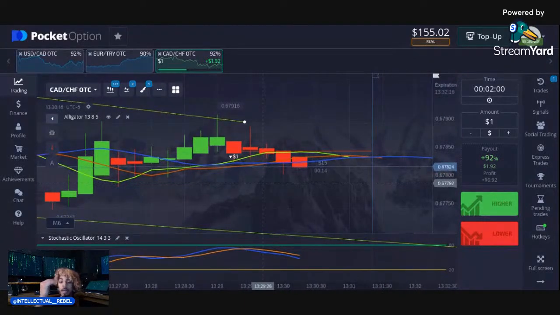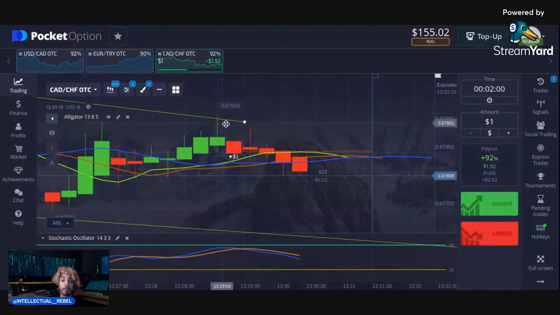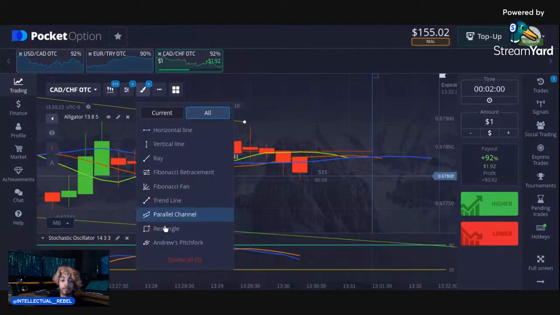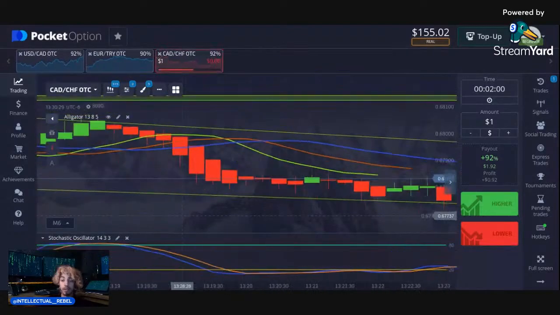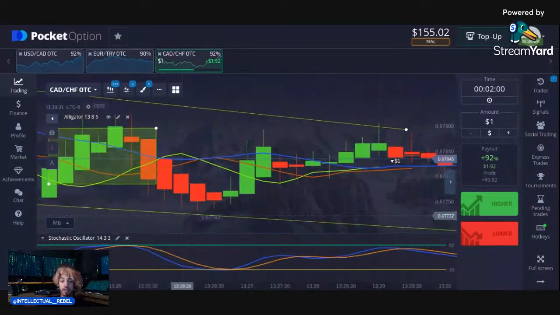Even though I don't have rectangles or trend lines written down anymore besides these two, I still have in mind its high and its low. You know what I'm saying? This is a high.